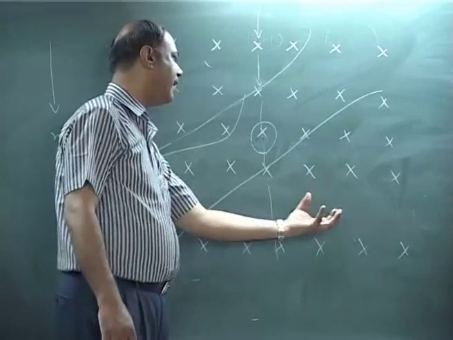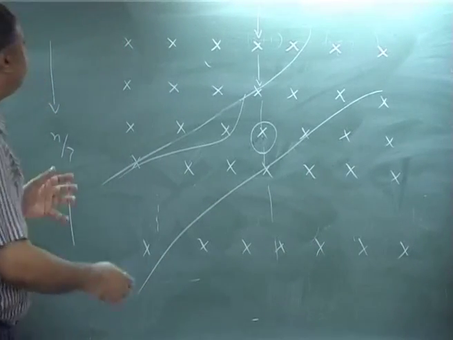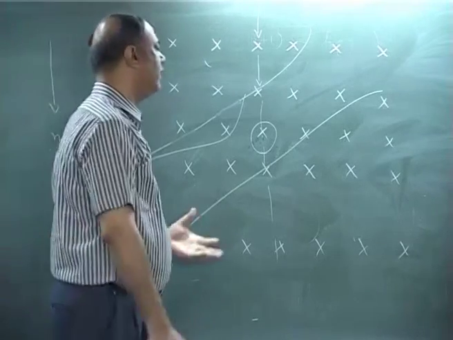Otherwise, the kth element is lying in this zone. So you reduce the searching zone accordingly.